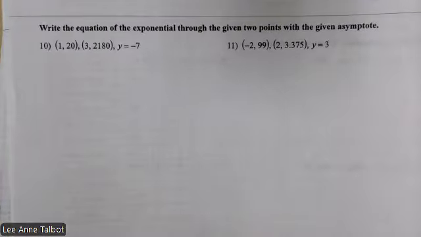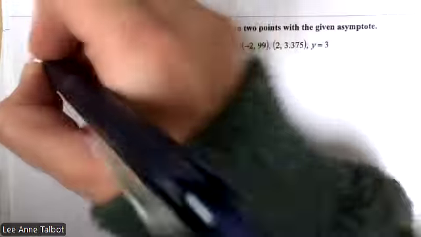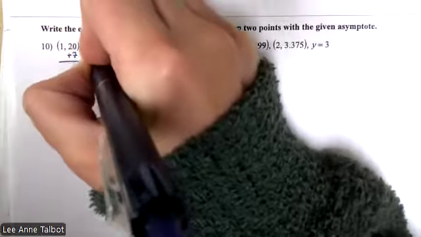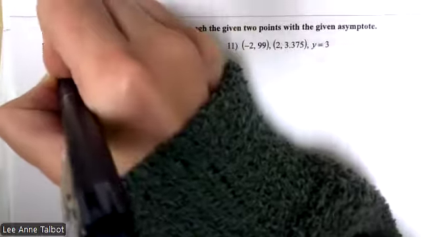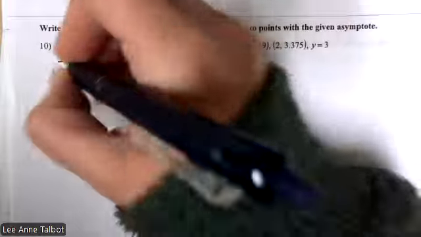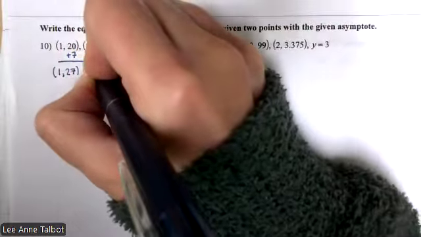Okay, last thing. This is the exponential through 2 points. You can do table method or system method. Let's just do table. Let's just get it started for 1 minute. I know you guys are anxious to leave. I can see it. I'm sorry. Remember, the first step is to undo the asymptote.